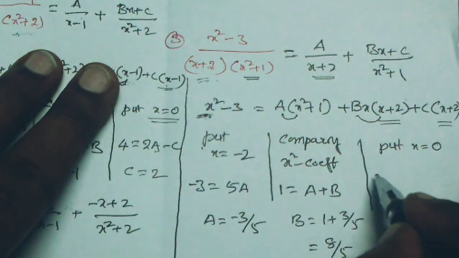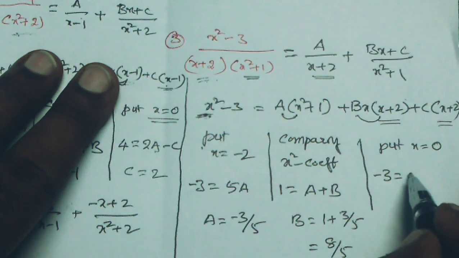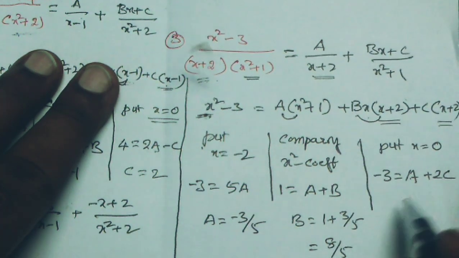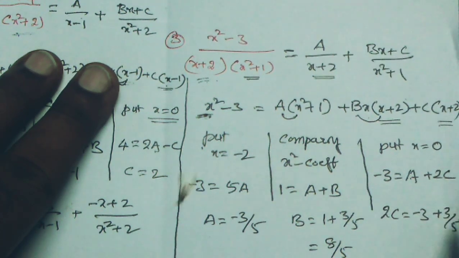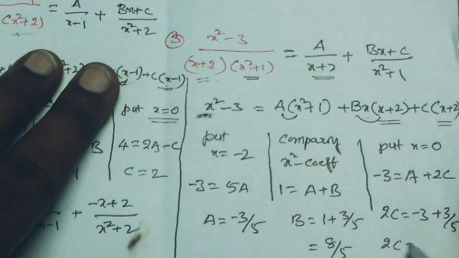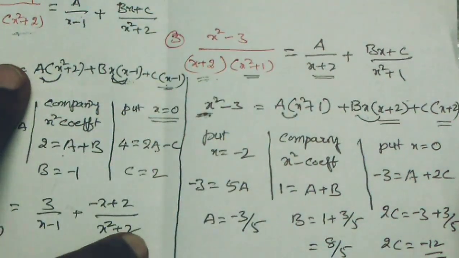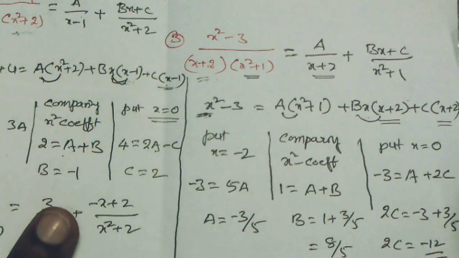When x is equal to 0, this becomes minus 3 is equal to, this is 0 plus 1 a, this becomes 0 and then plus 2c. So 2c is equal to minus 3 plus 3 by 5. This becomes 2c is equal to minus 12 by 5. C becomes minus 6 by 5, isn't it? Minus 15 plus 3, minus 12 by 5. C is equal to minus 6 by 5.